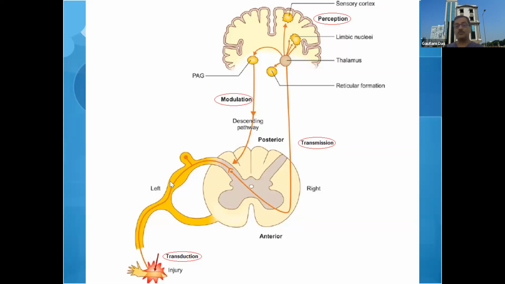At the dorsal horn, large diameter fibers and small diameter fibers are all entering. For example, the large diameter fiber is your touch fiber, the A beta fibers. The small diameter fibers are your C fibers and A delta fibers. So at the dorsal horn, if the large diameter fiber is sending a signal, it sends some inhibitory signals via interneurons and closes the gate for the small diameter fibers.